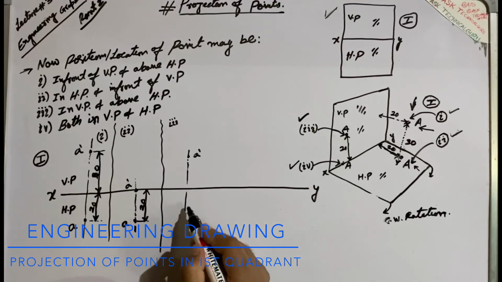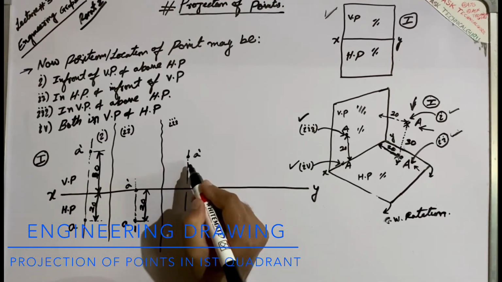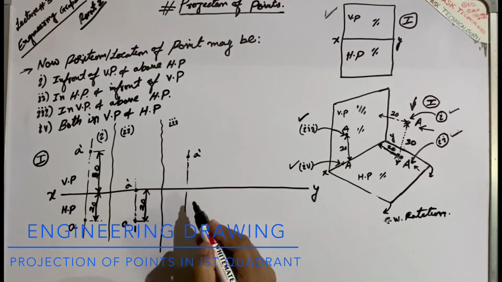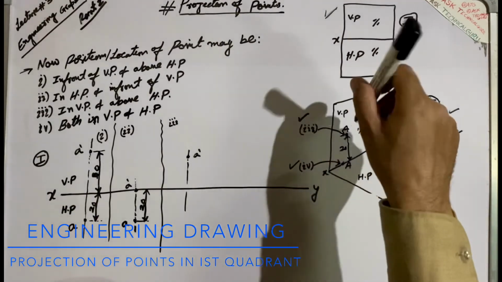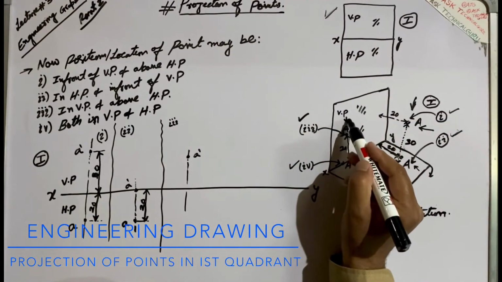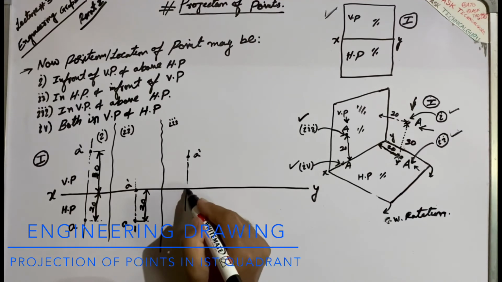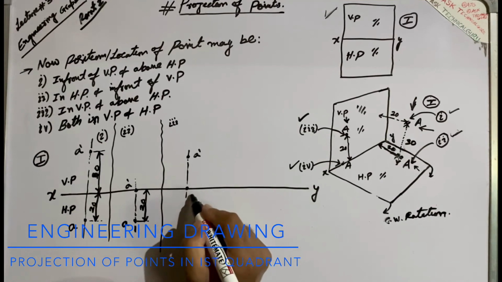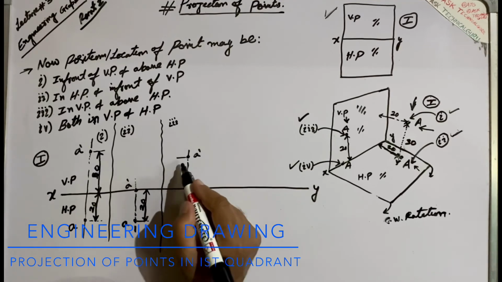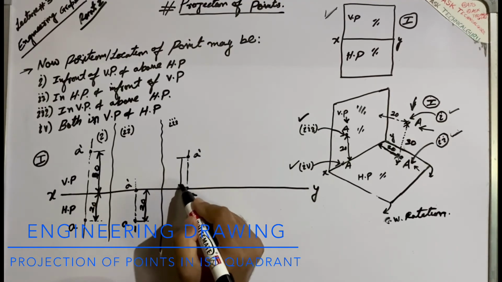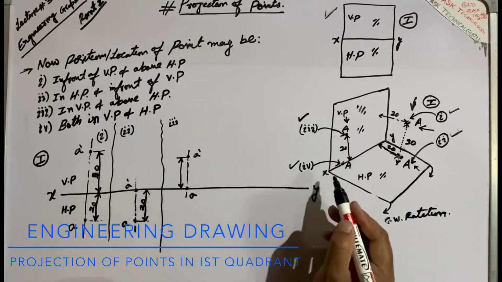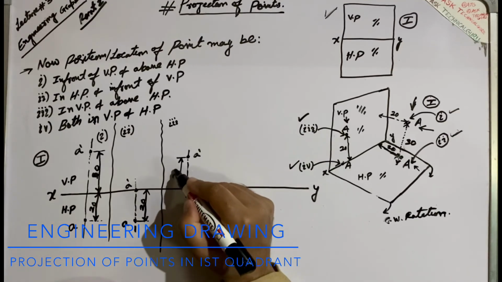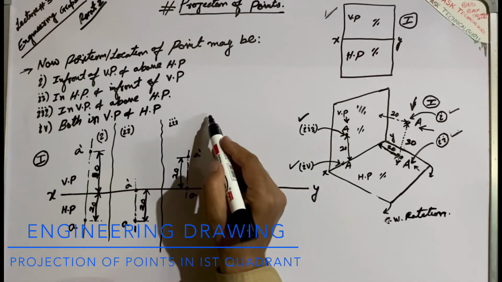Draw a thin projector. But when we see its top view, as it is in VP, its top view will lie on the XY line. We are not supposed to go here. This is its top view. And this distance we have supposed to be 20 mm. This is the third condition.